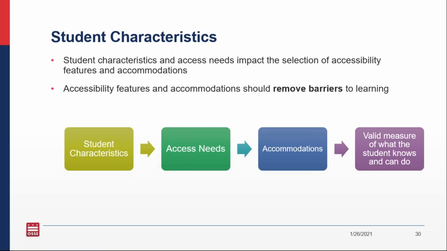The student characteristic is a visual impairment. What they need is either Braille or large print, assigning the accommodation, and then a valid measure of what the student knows and can do. So will the student benefit from having a Braille assessment or a large print assessment based on their disability?